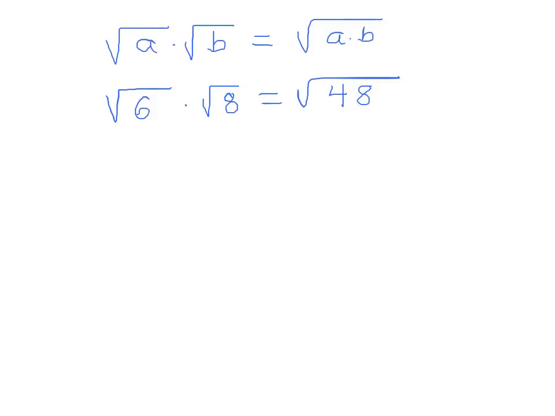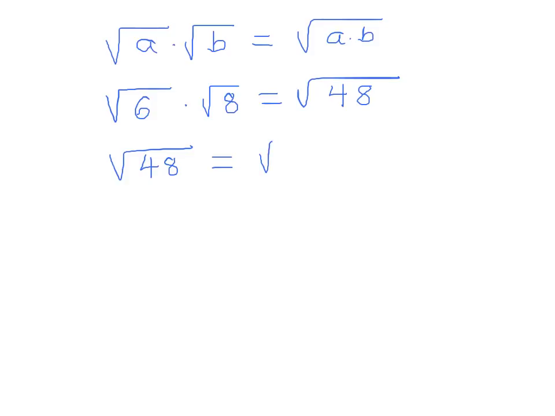You can also do things like this. The same rule allows you to go the other direction. So if I have the square root of 48, I can also go the other direction. Let's say I don't want to see 6 times 8, I want to see 16 times 3.